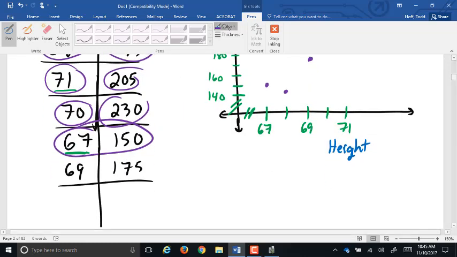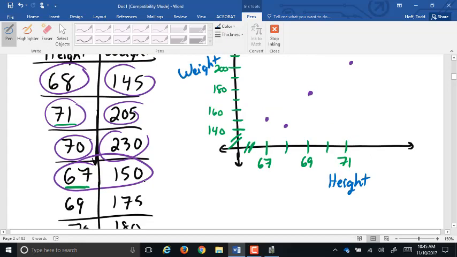I might have another person who's 70 inches tall and 180 pounds. 70, 180, somewhere like that. And as I put more points, I'm not going to keep listing them out in my table, but as I get more points on here for people, there should develop a pattern for those points.